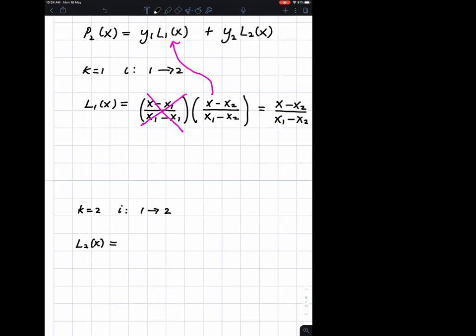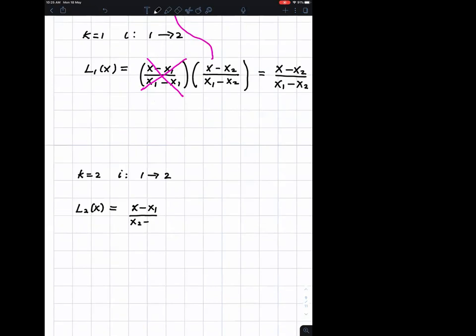Now k is 2. When k is 2, i is 1, you're going to get x minus x1 divided by x2 minus x1.